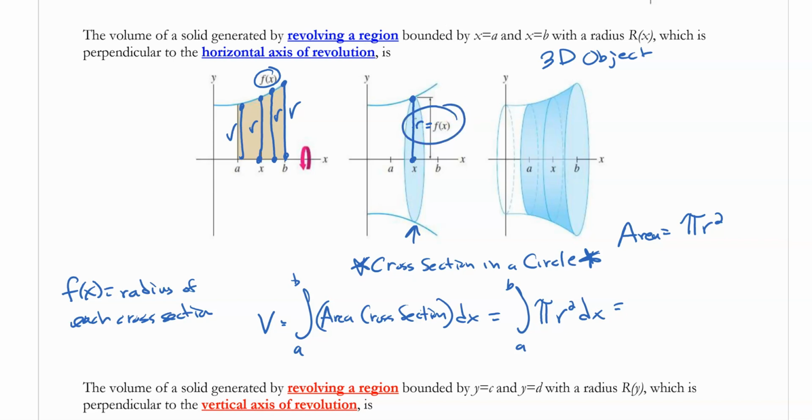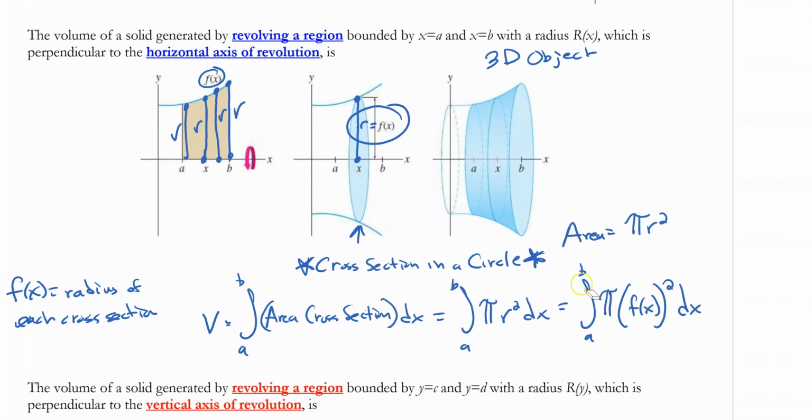So we're going to integrate from a to b pi times f of x squared dx. Typically we put the pi out front, not that you have to, but we usually move the pi out front. There we go. That's how we calculate the volume of a solid of revolution for spinning around the x-axis.